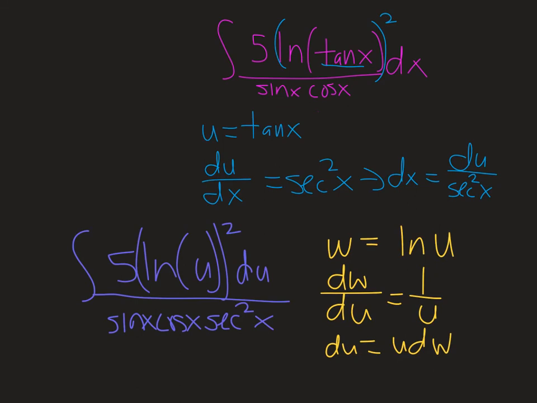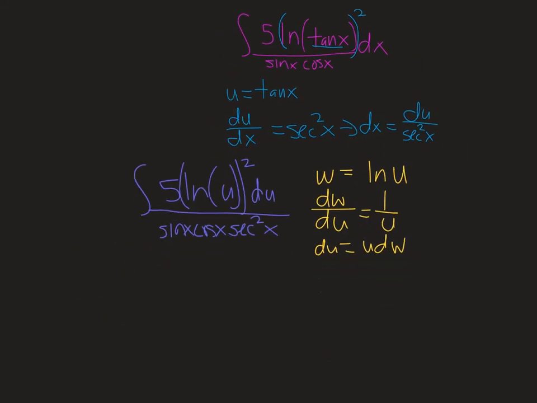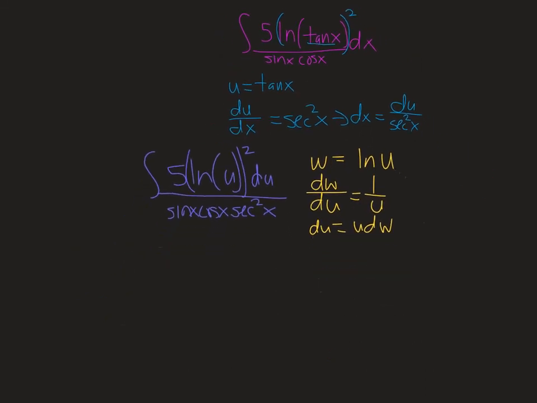So let's see what we have here. Well, what we have here is a big mess. We can do it. We have 5, natural log of u is now w squared, du is u dw.